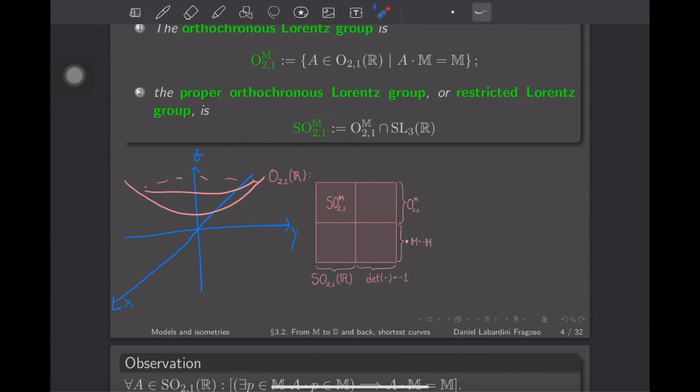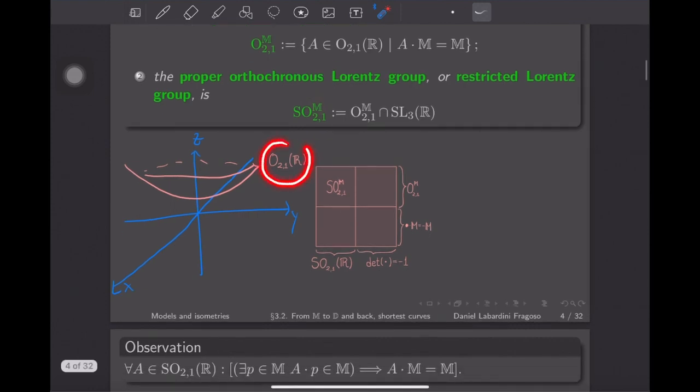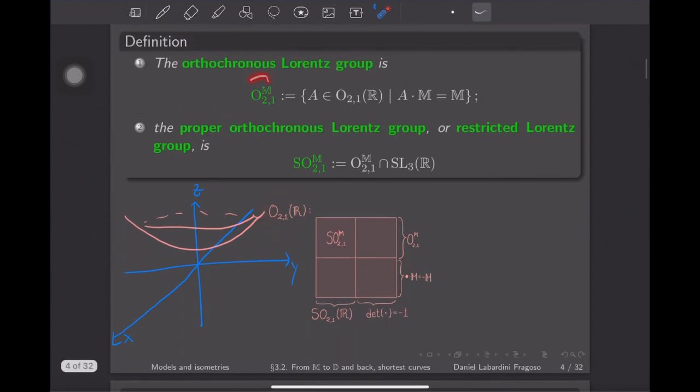So when I write this, I'm referring to the Lorentz group whose elements do not all preserve M. And then in going from this notation to the other notation, I erase the R and put M as a superscript.